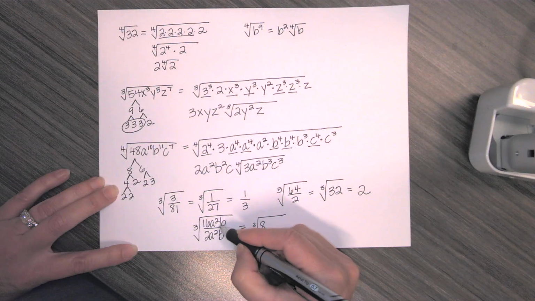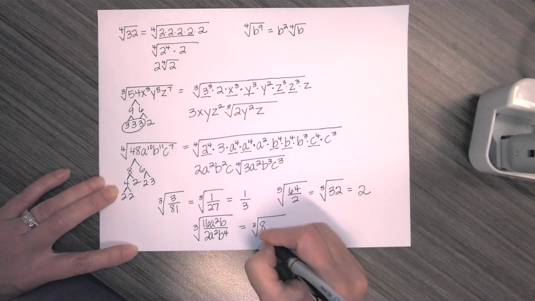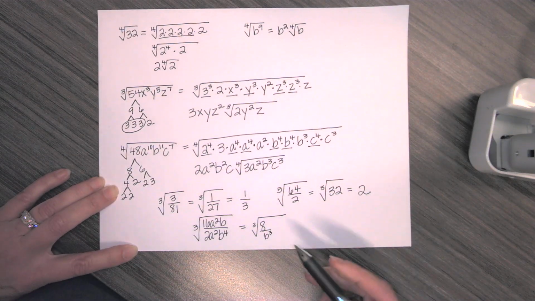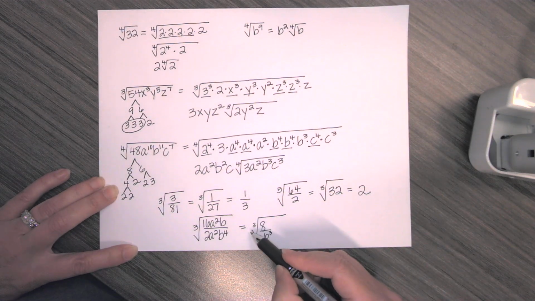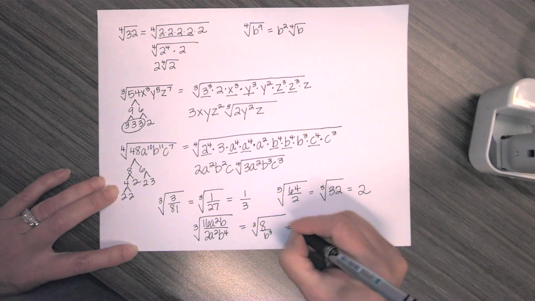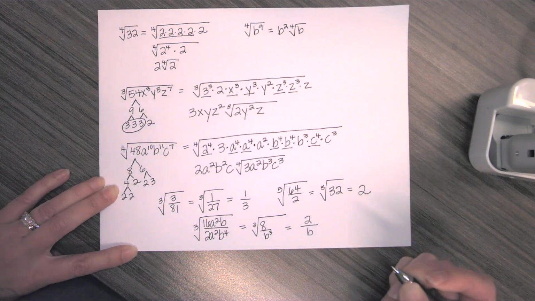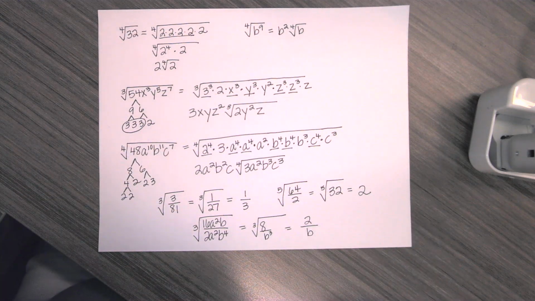The b's, we can take 1 b off the top and 1 b off the bottom, which actually means we're going to have 8 over b cubed. I didn't really leave myself room for a fraction, but this is all under the cube root. So we would do the cube root of 8, that's 2, and the cube root of b cubed, that's b. So our answer there would be 2 over b.